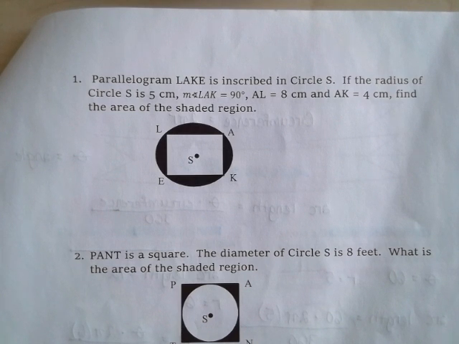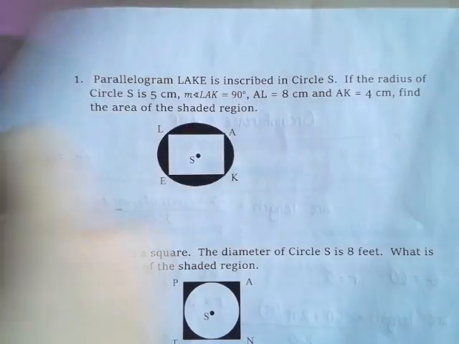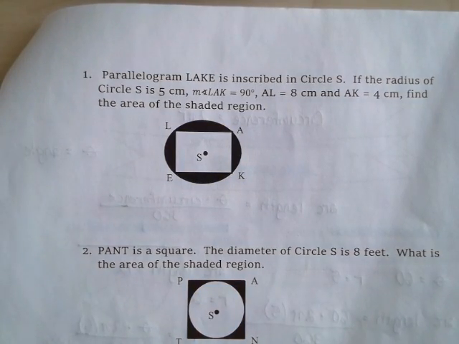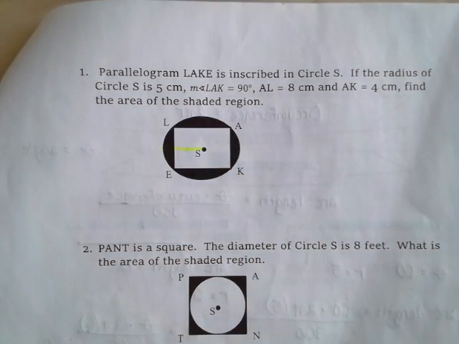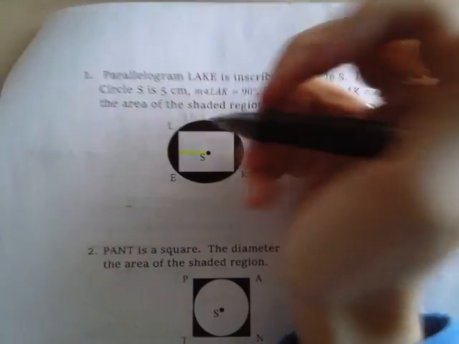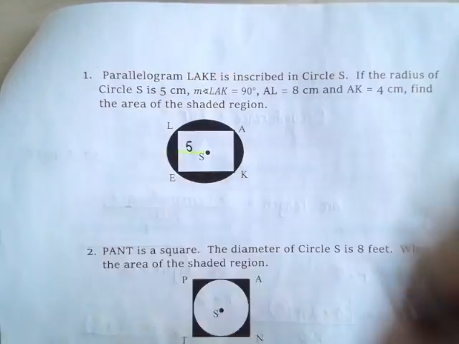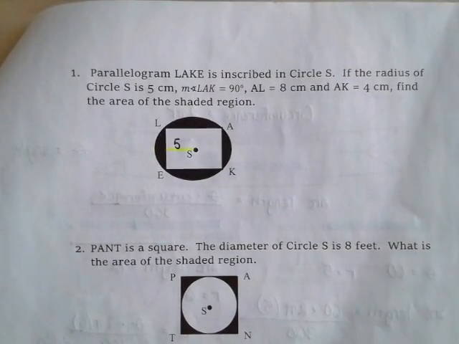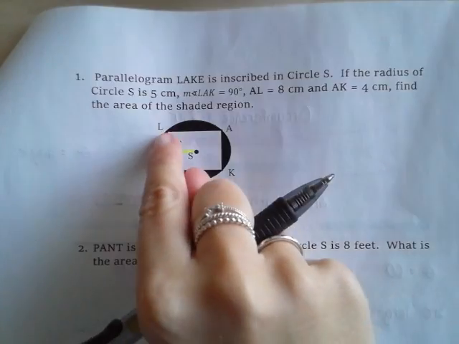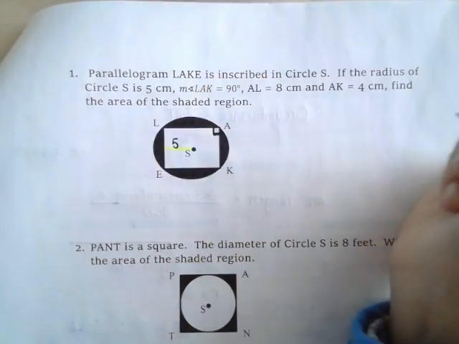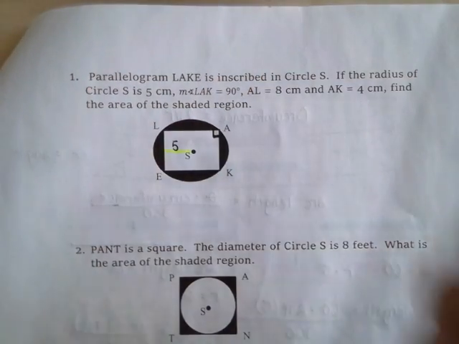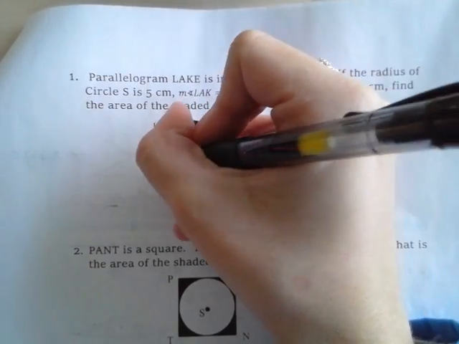Wow, that is a lot of information. So the first thing we know is that the radius, from the center all the way to the side of our circle, is 5 centimeters. Then we were told that angle LAK is 90 degrees. And if this angle is 90 degrees, that means that all of our angles are 90 degrees.